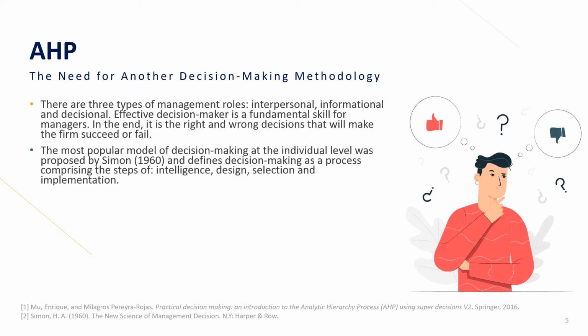Decision-making models at the individual level were already proposed by Simon in 1960 in his book The New Science of Management Decision. He defines decision-making as a process comprising steps: you should have the intelligence, or knowledge, about the decision you need to make, then you design the decision, which options are available, then selection of those options, then implement the decision.